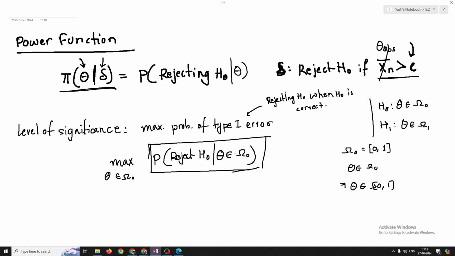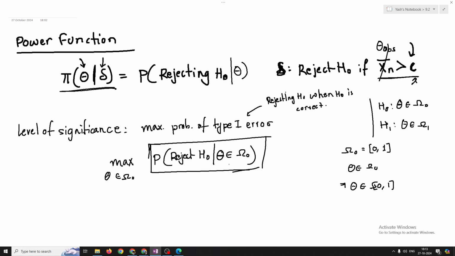And generally in this case you would get an expression in c or in your parameter. It would generally not be a particular value, it would be an expression.